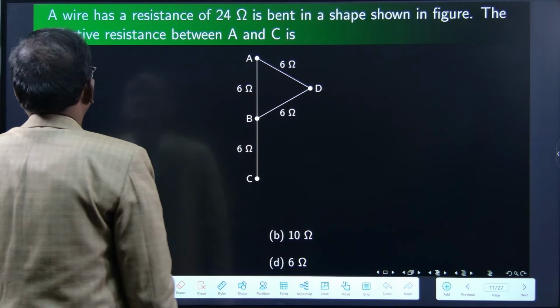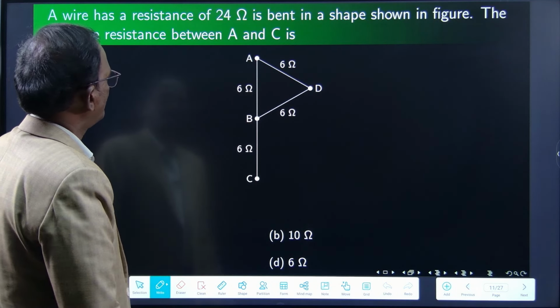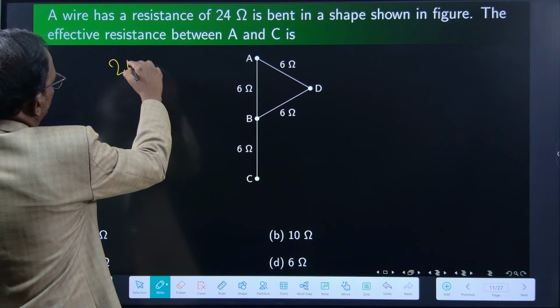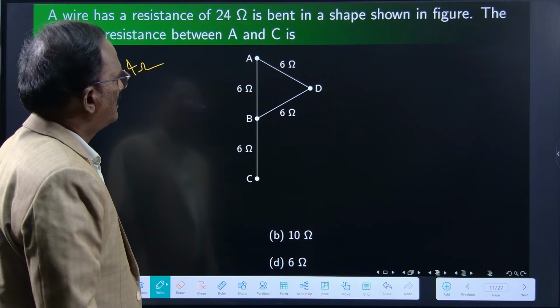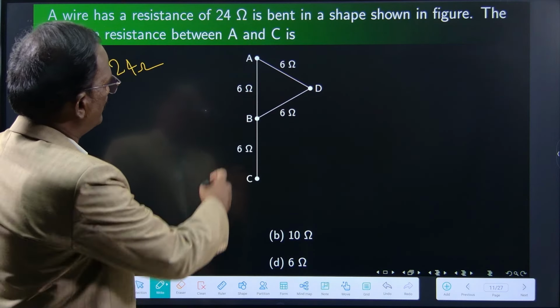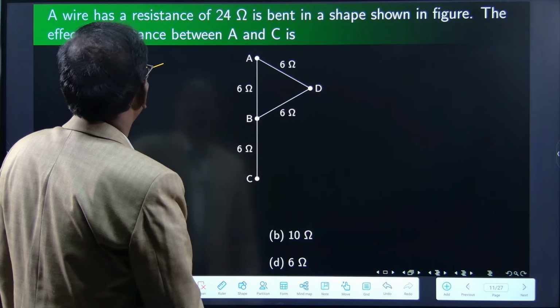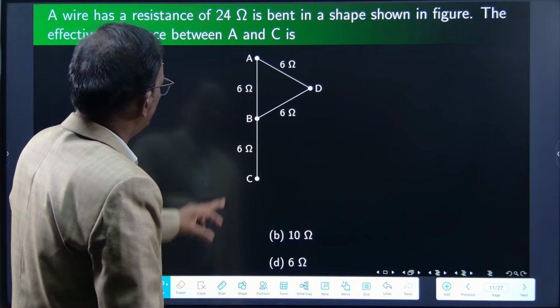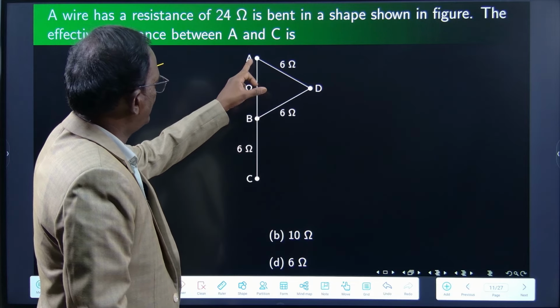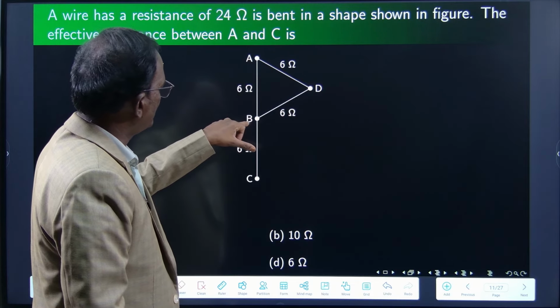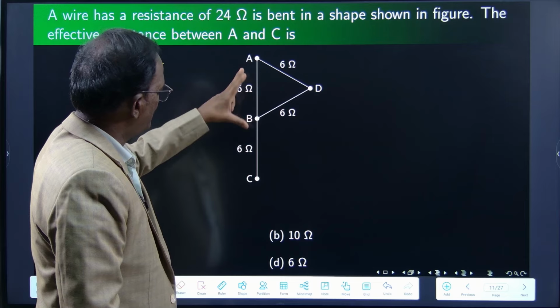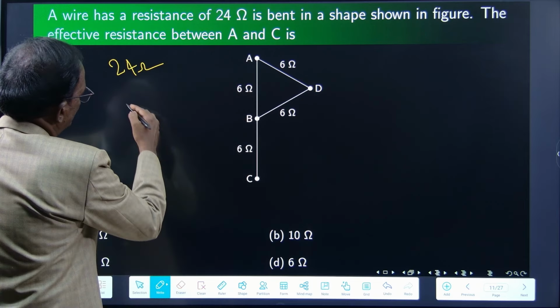Next question. A wire has a resistance of 24 ohms and it is bent in a shape shown in figure, right? This way it is bent. The effective resistance between A and C is asked, A, B, C, D, right? It goes here and it is coming down, right? A, B, C. So R A C is in question.